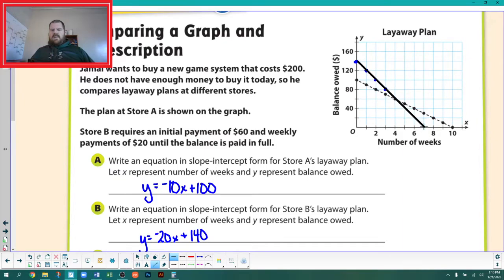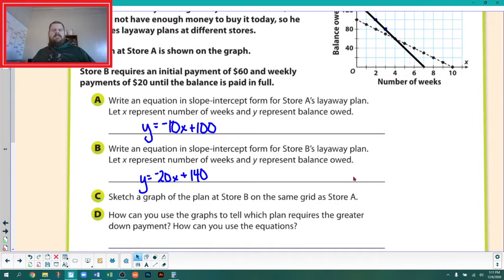And I kind of missed that one there, didn't I? Let me adjust my starting point just a little bit. And so that's what that line would look like. Okay, paying $20 every week with an initial balance owed of $140 because we paid $60.